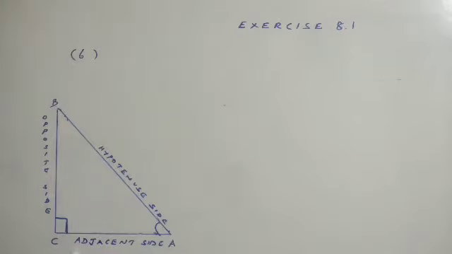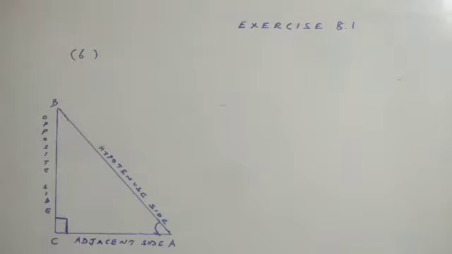So C is right angle, that is 90 degree. The remaining two angles A and B are 90 degree, because the total value of 3 angles of the triangle is 180 degree. This is 90 degree, remaining 90 degree A and B.